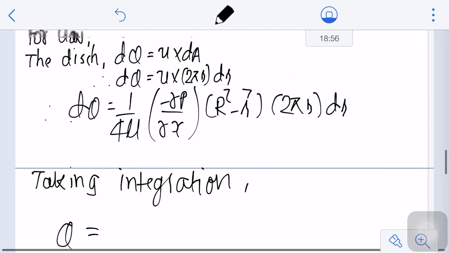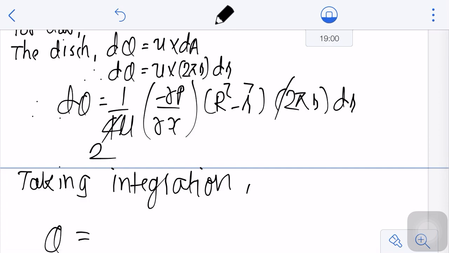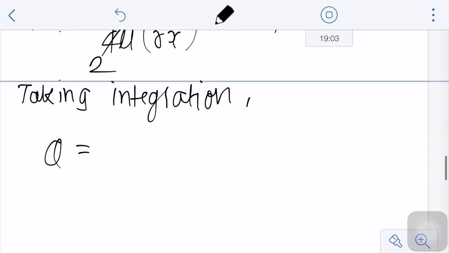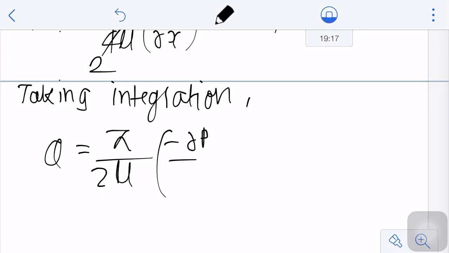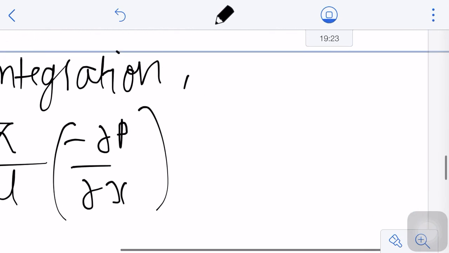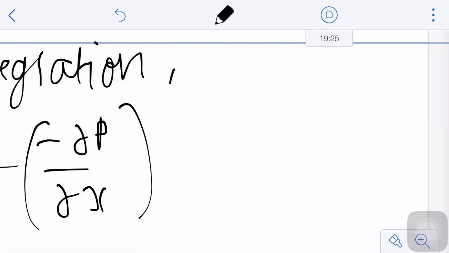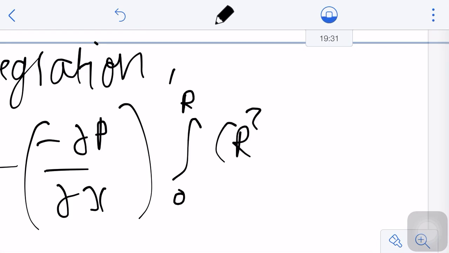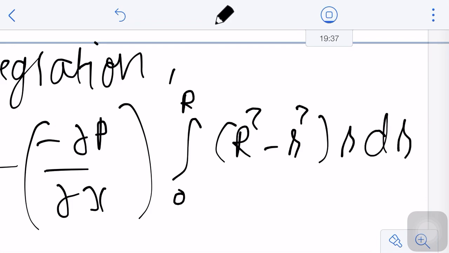So if you see here, these 2 and 2 are 4, so pi upon 2 mu into minus ∂p upon ∂x will come outside from the integration because they are constant terms. Integration from 0 to capital R of (capital R square minus small r square) into r into dr, right.